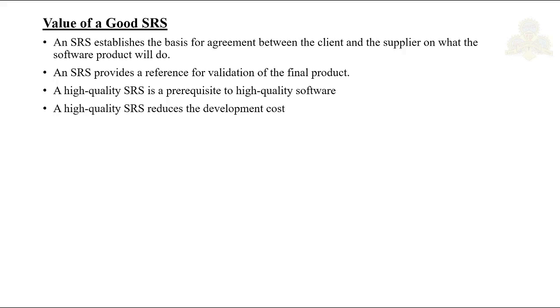The developer will develop according to the SRS, and the final product will also have the bugs or errors. Now what will happen in this case? If the SRS contains errors, your product will also contain errors, and those errors will remain in the product and the client will start using it, and later they'll come out as bugs.